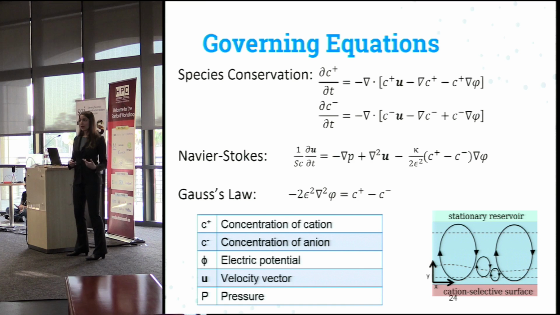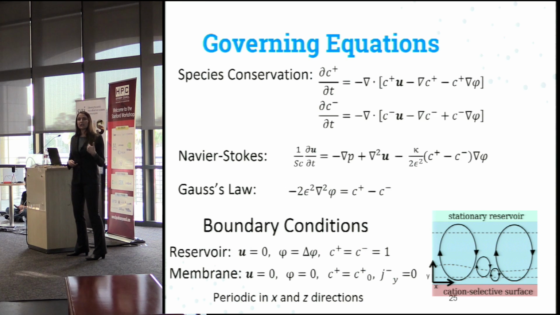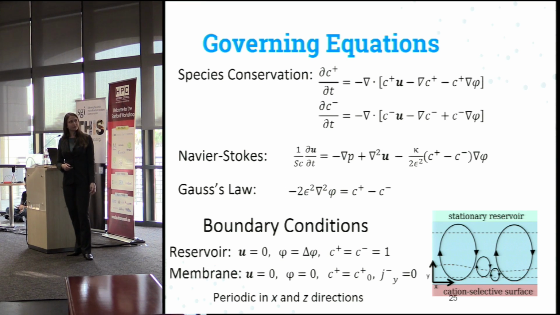So in 3 dimensions, we have u, v, and w. Then we have Gauss's law, which relates the distribution of the free charge density to the divergence of the electric field. And by combining all of these equations and solving them directly, this is what allows us to actually predict what's going to happen in these desalination channels.